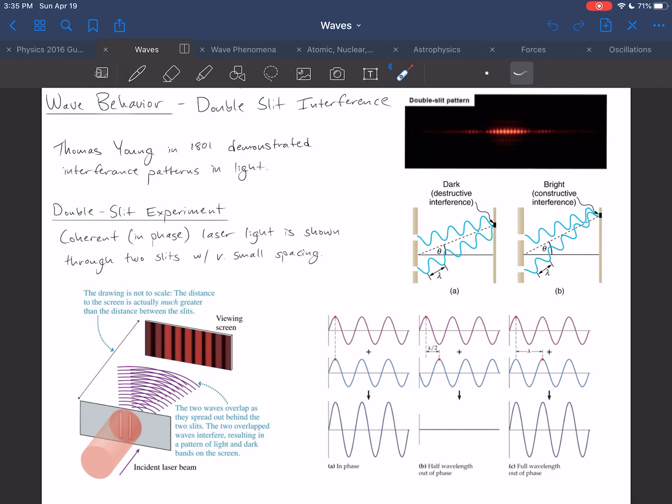So this is the double slit experiment, originally conducted by Thomas Young in 1801. The general idea is that if you take laser light and you shine it on two narrow, closely spaced slits, then that light goes through both of them, and you get a surprising result.